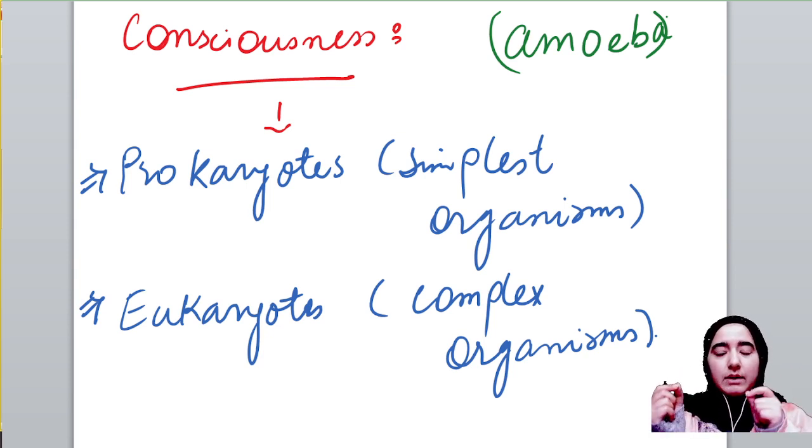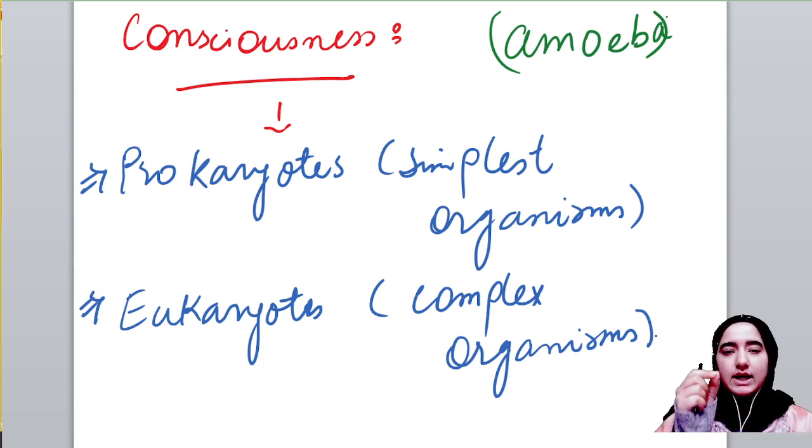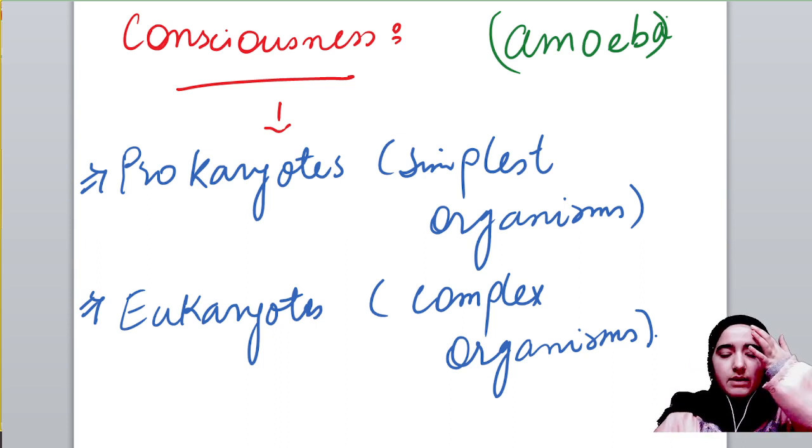That's why amoeba in unfavorable conditions don't prefer binary fission, they prefer multiple fission over binary fission. Please remember. So I gave you an example of how prokaryotes are able to sense their environment. Similarly, I already gave an example of eukaryotes.